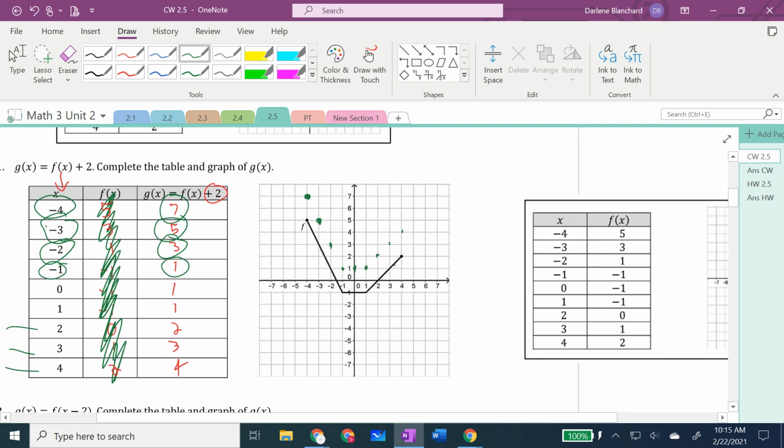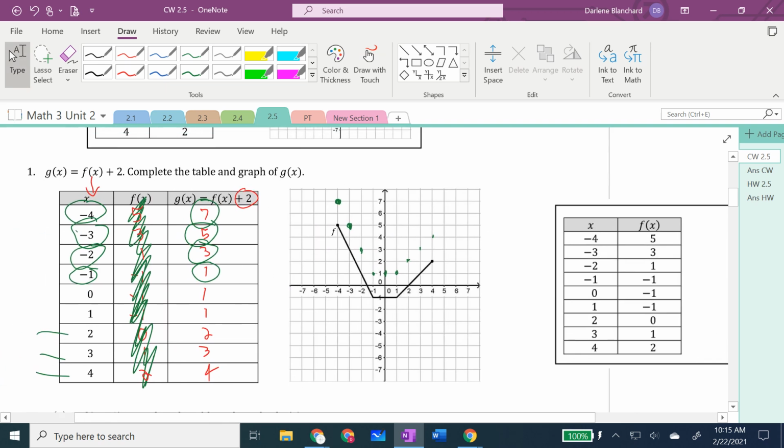And this is showing you what has happened to those points when you're given a function and then you're told to add a number to that function. And then if you look at what that creates, that has shifted the graph up 2. And you should expect that from what you've done in the past.